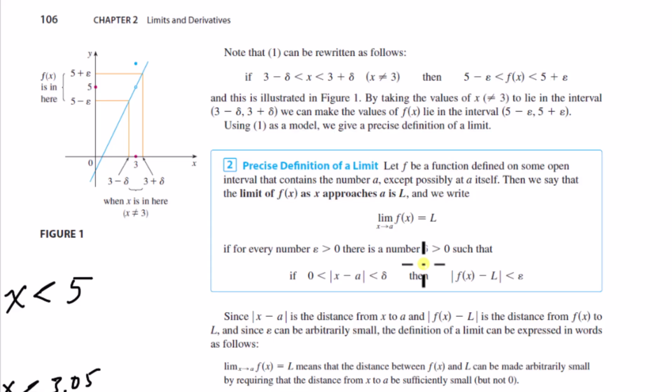And now if for a given limit we can mathematically prove that what's being said here in the precise definition of the limit is true, then how does that prove the limit from the whole infinitely powerful calculator perspective? Well, that's what the textbook is really trying to illustrate on these next couple of pages.